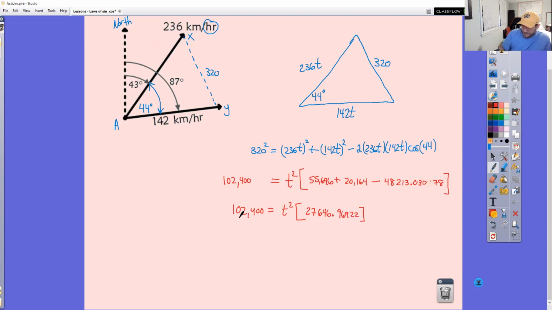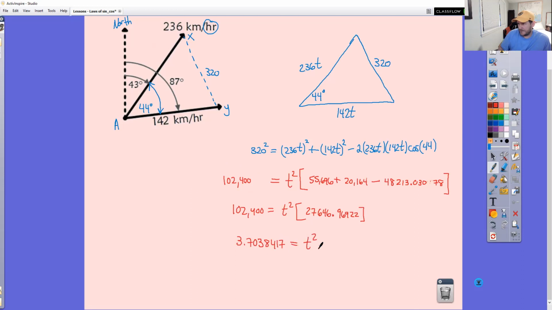So now divide both sides by that. You'll get some decimal, .703, .417. Again, whatever. This decimal goes on and on.